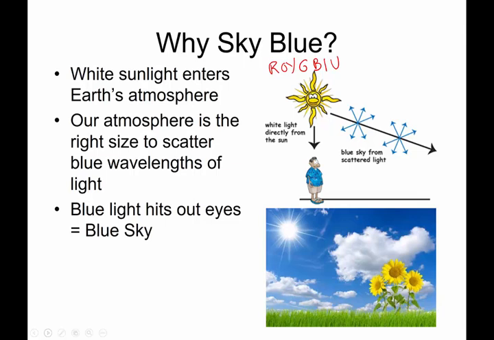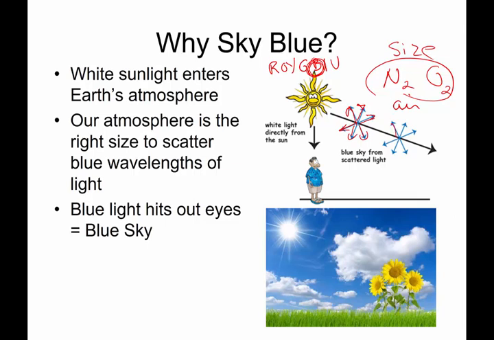When that light gets into the Earth's atmosphere, the nitrogen and oxygen molecules in our air are the right size to cause the blue wavelengths of light to be reflected or scattered.